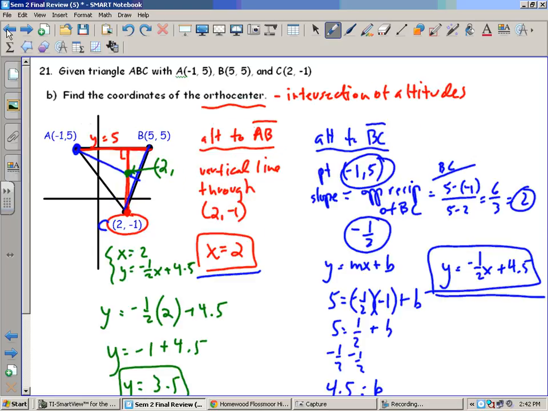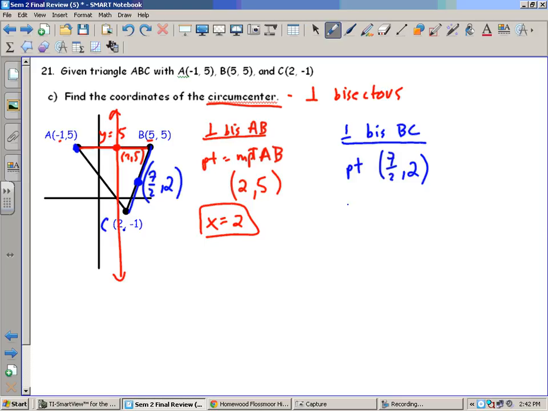And just like we did when we talked about orthocenter, I'm going to use the opposite reciprocal of the slope of BC. So I already know from the last problem that the slope here is -1/2. So all I have to do is make up an equation and then figure out where these things intersect. So you see the difference is what point it goes through. Altitudes go through vertices, perpendicular bisectors go through midpoints.